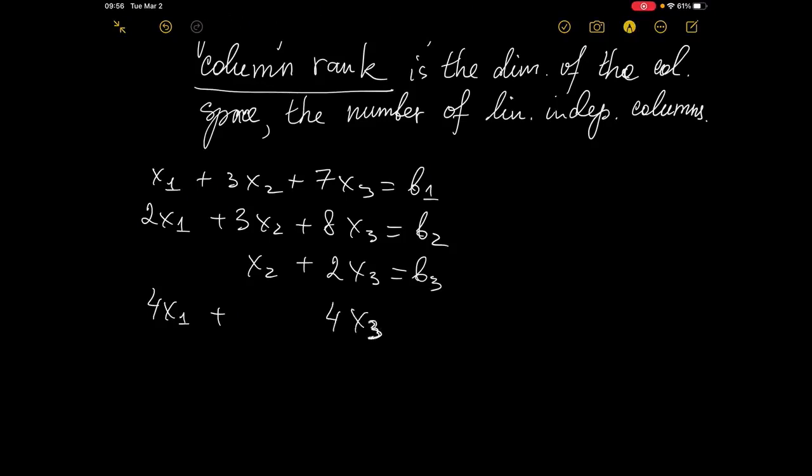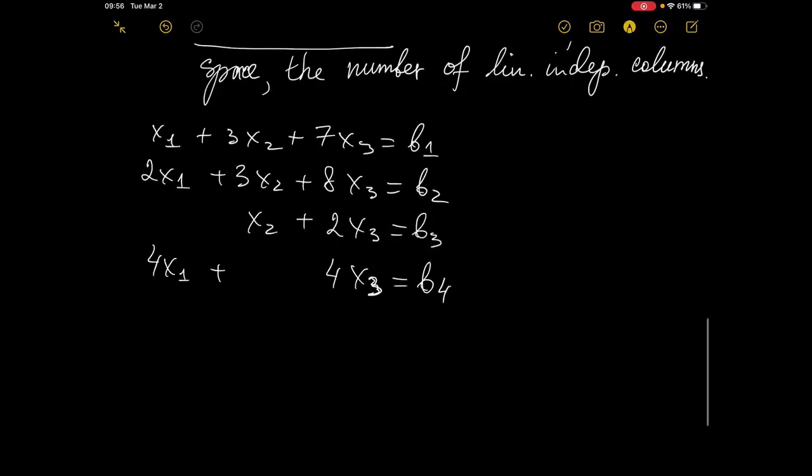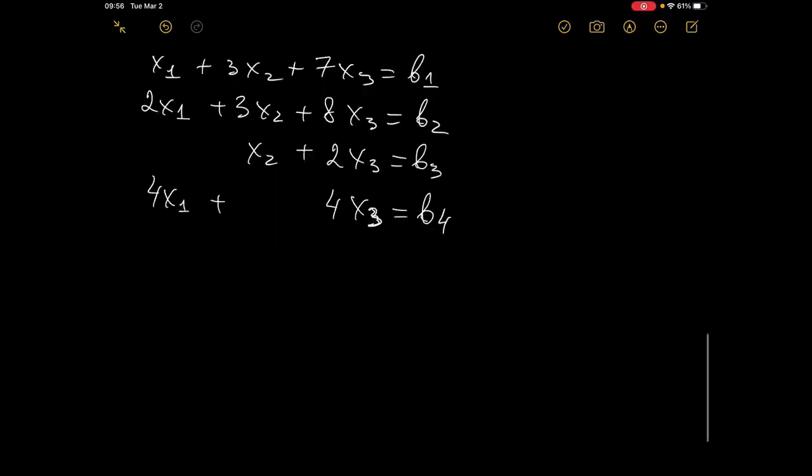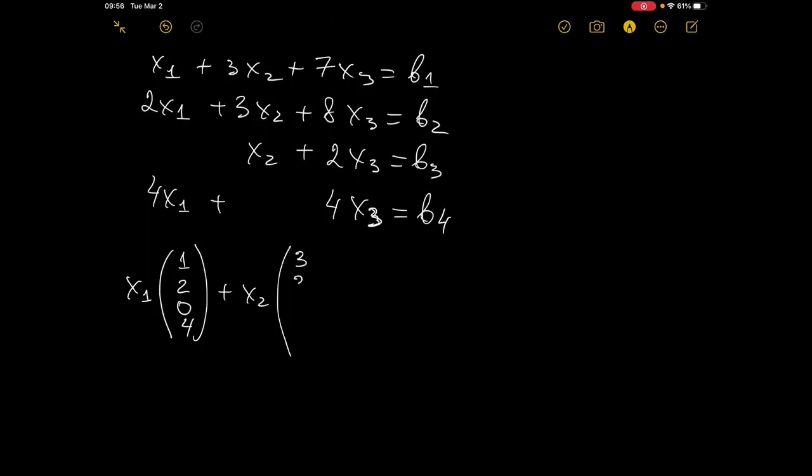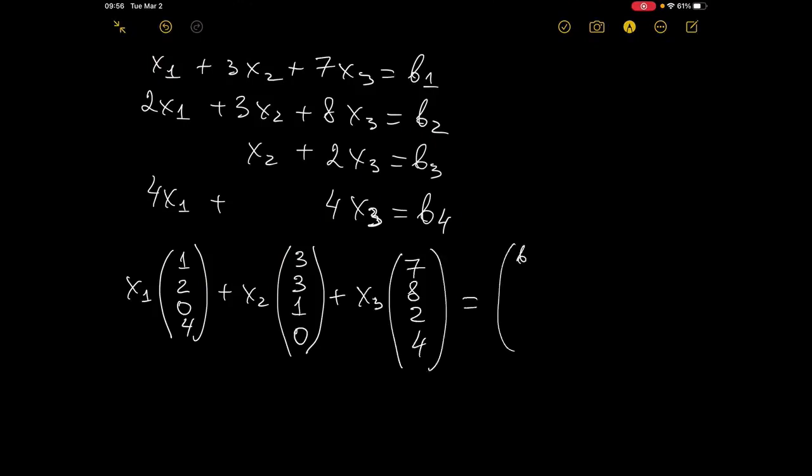How can we write it? We can write it in the following way: x1 times (1, 2, 0, 4) plus x2 times (3, 3, 1, 0) plus x3 times (7, 8, 2, 4) equals (b1, b2, b3, b4), right?